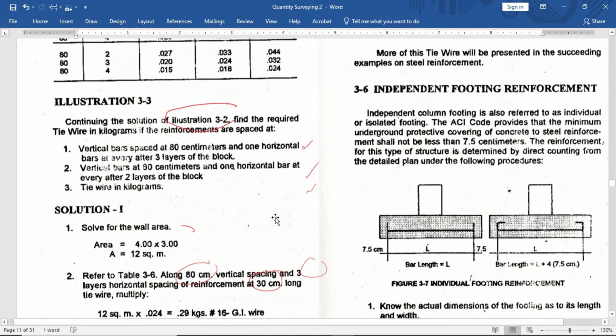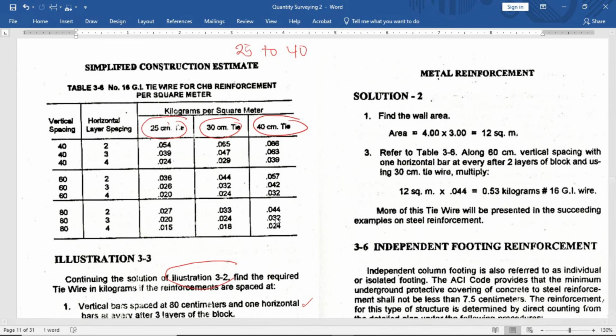So hanapin lang natin sa table. Vertical spacing is 80. So 80, pili natin sa tatlo. Pero kasi nga horizontal natin is 3 layers. So ito yon. Ito yung ano natin yan. Since ang gagamitin natin is 30 centimeters tie, yan yung haba ng tie natin. Yan, 30 centimeters yung gagamitin natin.